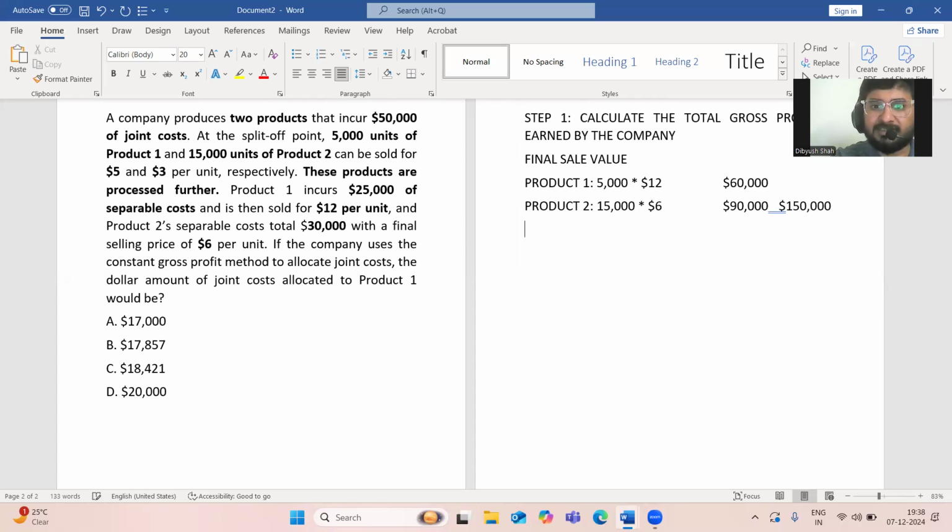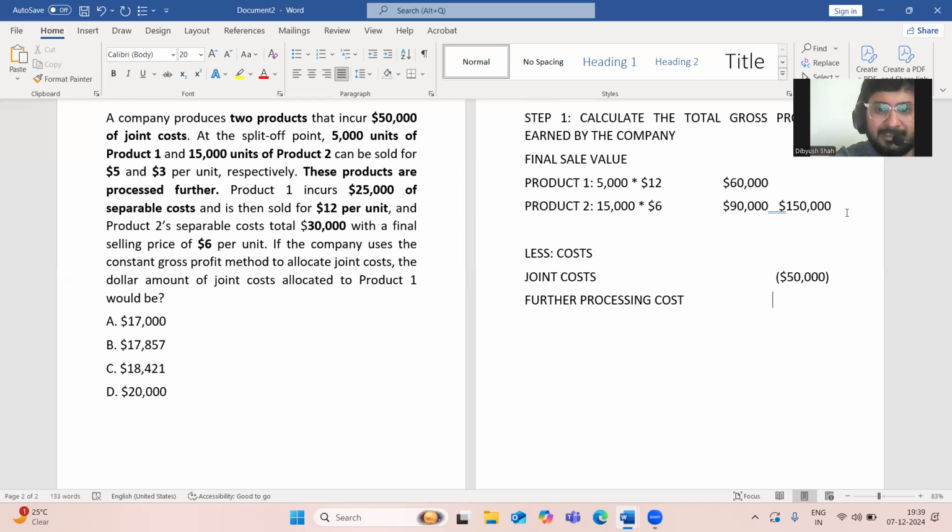Now, what is the cost incurred by the company? Less cost. So first is joint cost, because that is also incurred by the company, na? So joint cost is how much? $50,000. And then you have further processing cost.